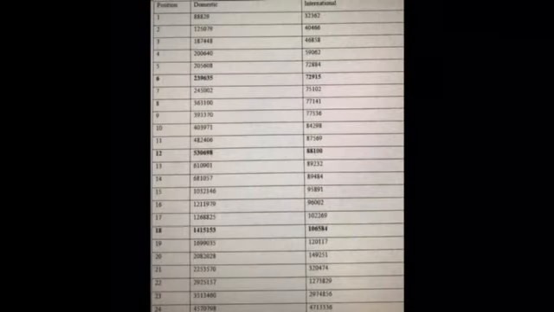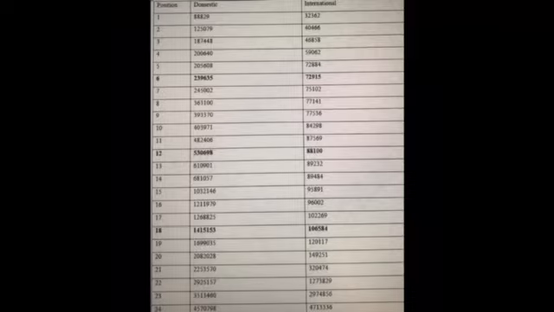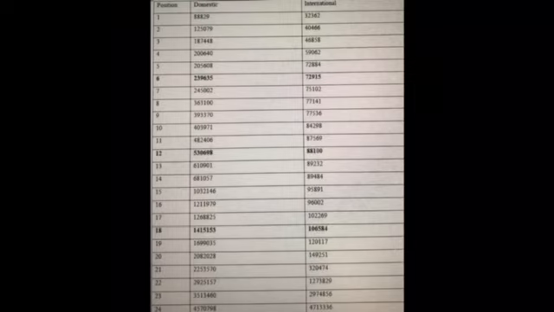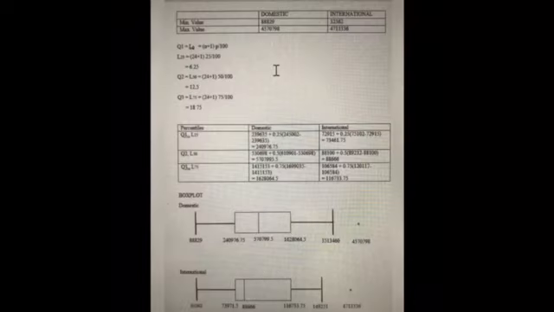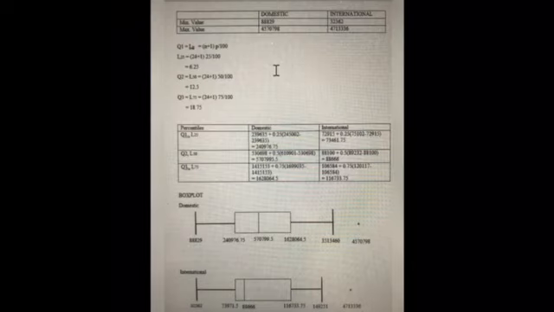I will present part 3, calculate percentiles and construct box plot in each dataset. This is a table that has been arranged from small to large data. To get quartiles, we need to use the formula: n plus 1 times p divided by 100.